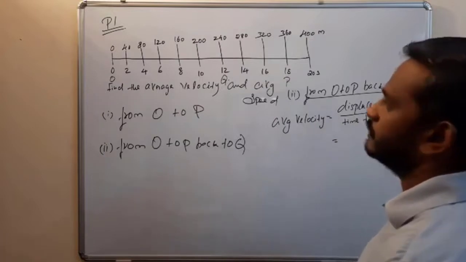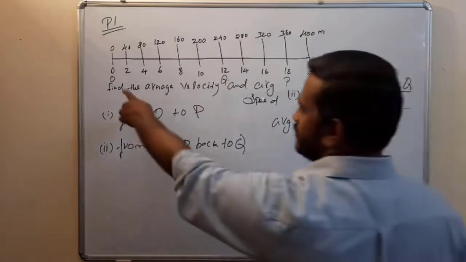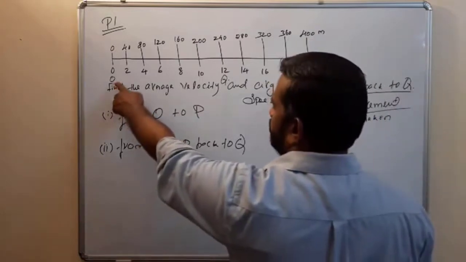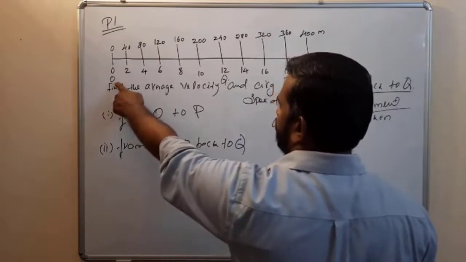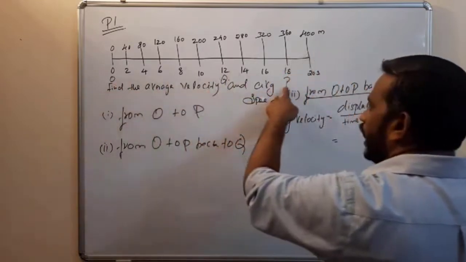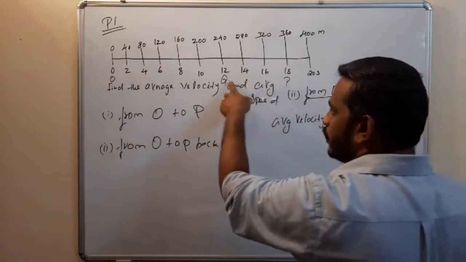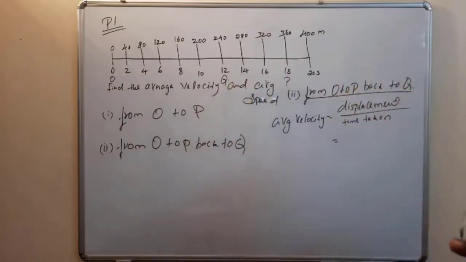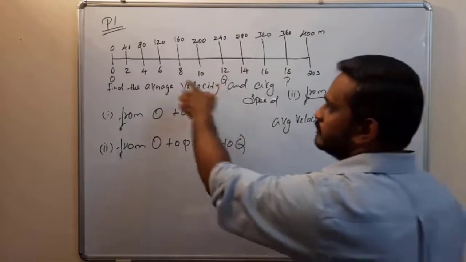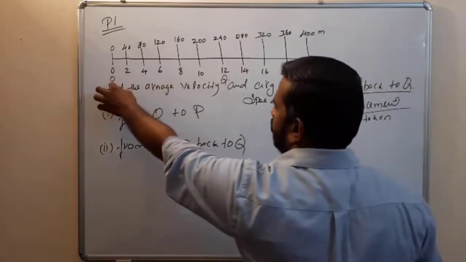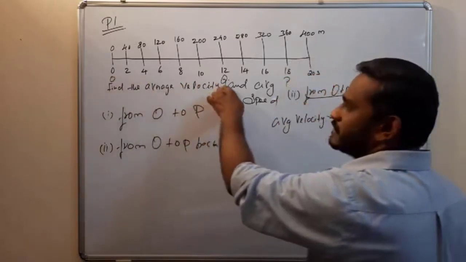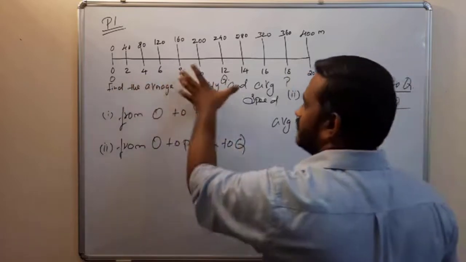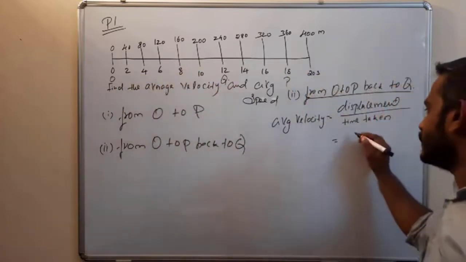So displacement, in this case, the car starts the journey from O to P and it goes back to the point Q. So what is the displacement? Displacement is the shortest distance between the starting point and the ending point. The initial point is O and the final point is Q. So that is the displacement.